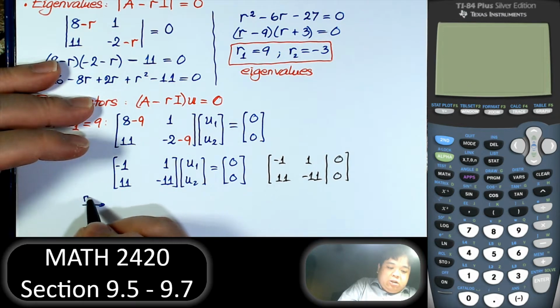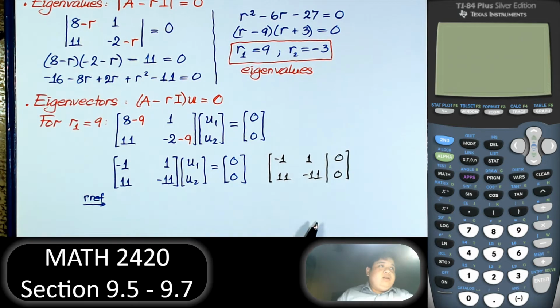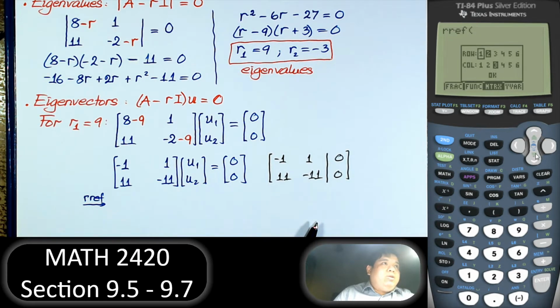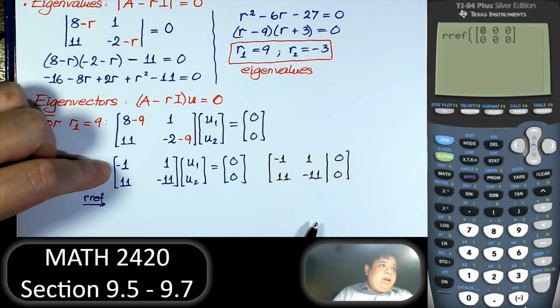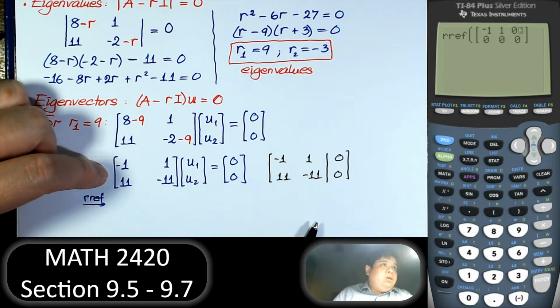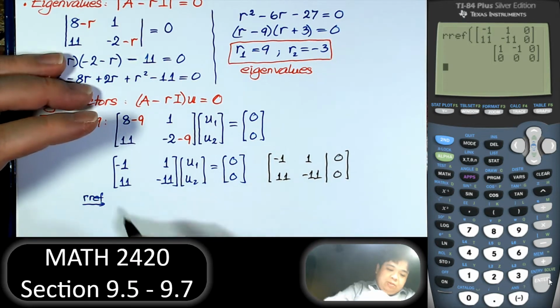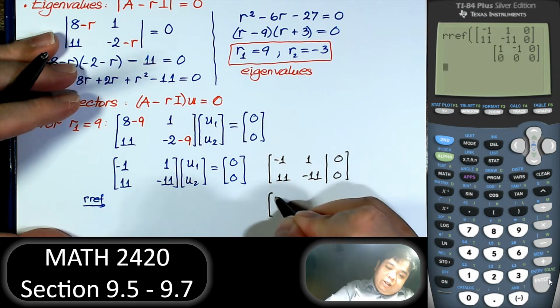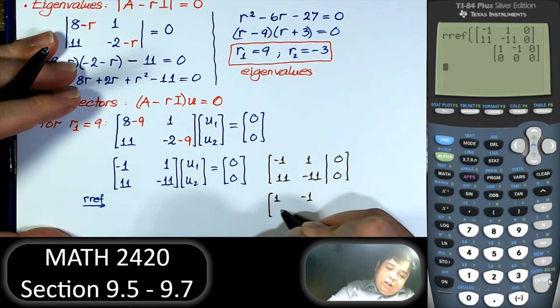If we use reduced row echelon form on this matrix, as we did in the previous section, we will have 1, negative 1, 0, 0.